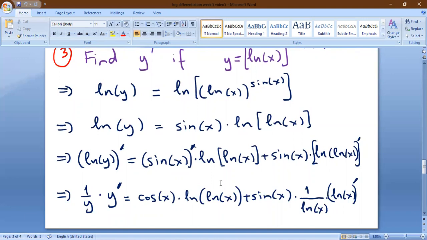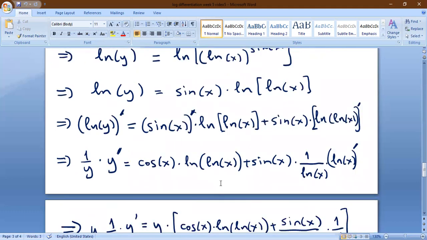On the right, we always have a product rule. So the derivative of sine times ln of x plus sine times the derivative of ln of x. So the derivative of sine x is cosine x times ln of x plus sine x times, now 1 over whatever is inside the outside ln, so 1 over ln x times the derivative of ln x, and that's equal to 1 over x.